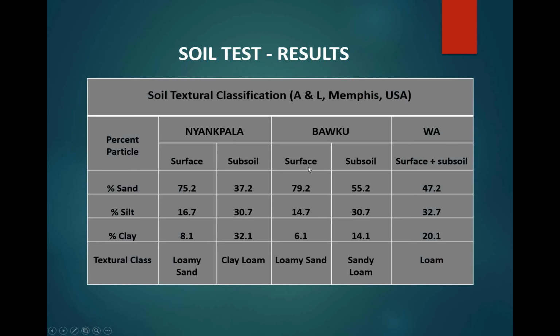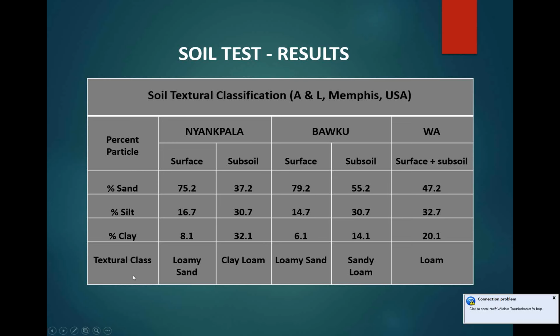Now for the soil test results, what we're seeing on this slide is the Yankpala, that is Tamale. We see the structural classification down at the bottom. We took soil tests from the surface level and then subsoil down at the bottom, from 0 to 3 inches, which is the surface soil, and then from 3 to 6 inches, which is the subsoil.